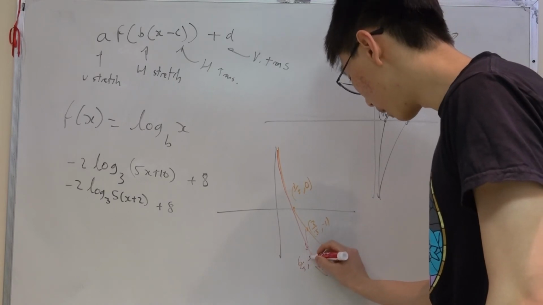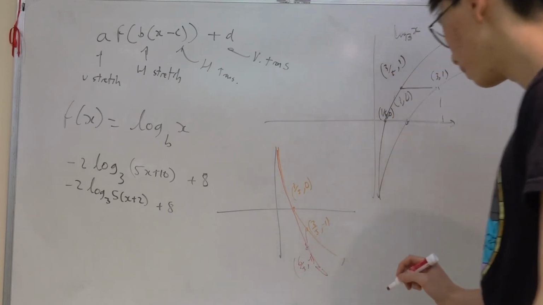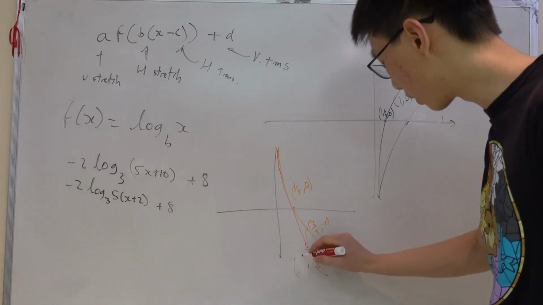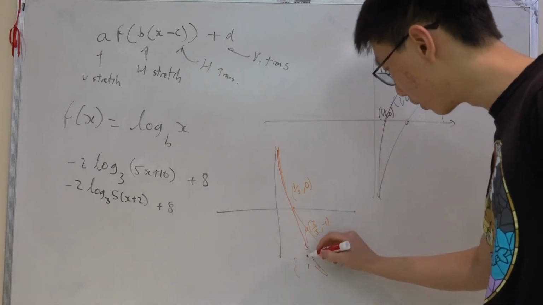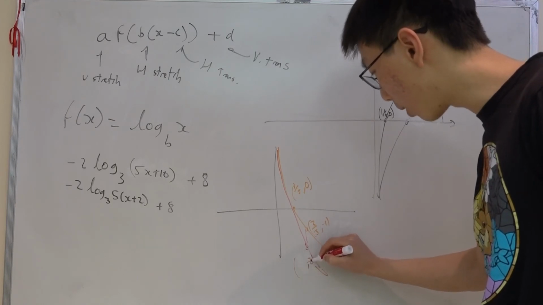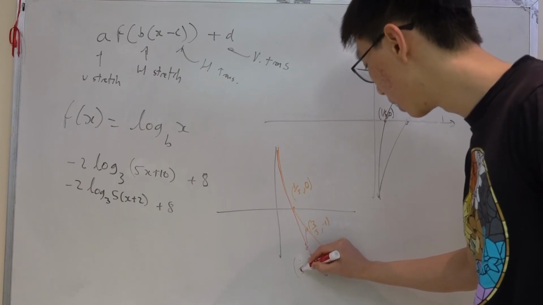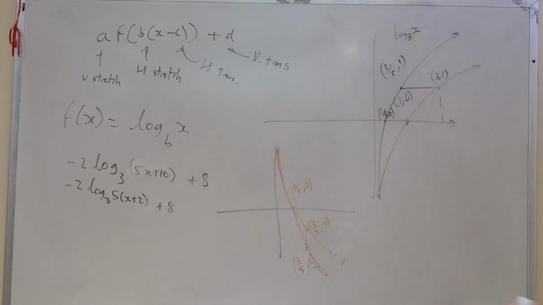Oh, sorry. My bad. You're doing a vertical stretch. So the vertical component, the y component, gets stretched by 2. So it should actually be (3/5, -2). All right. Just making sure I haven't made any other mistakes. Okay, that seems about right.